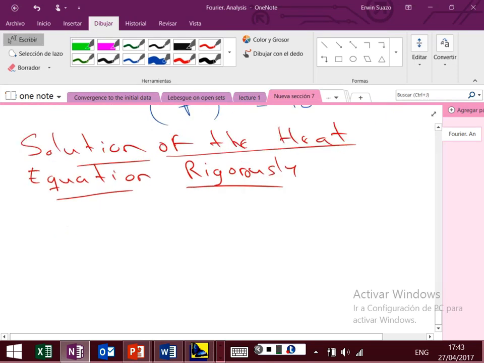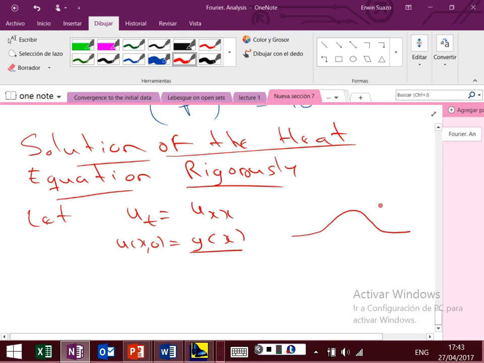So look at this. Let u_t equals u_xx, u(x,0) equals g of x. So you see, this is your initial data. So we're thinking of g of x like this. This is g of x.